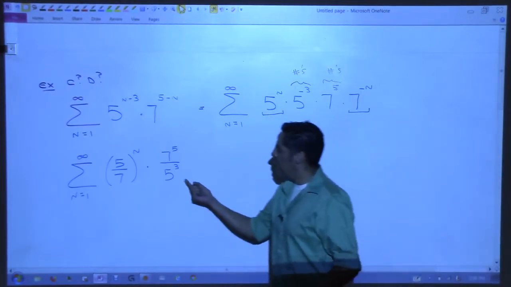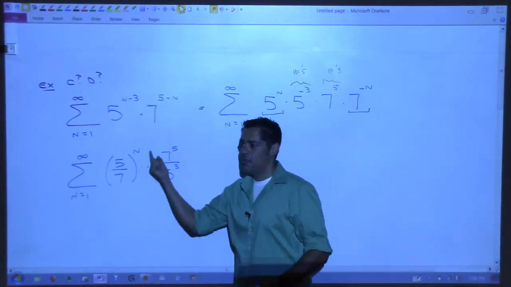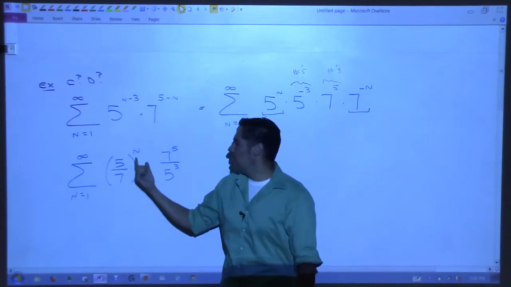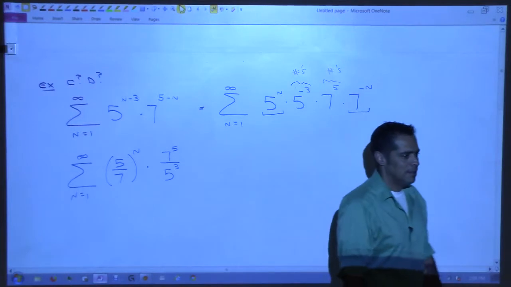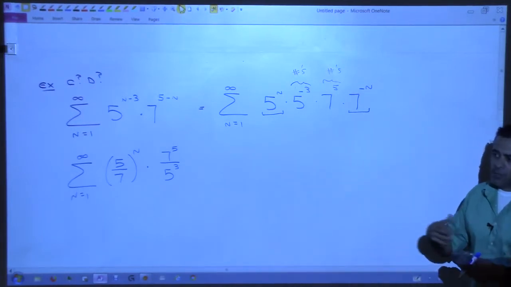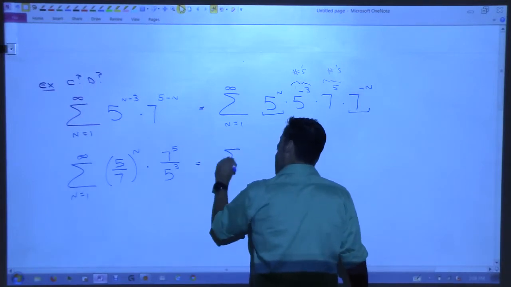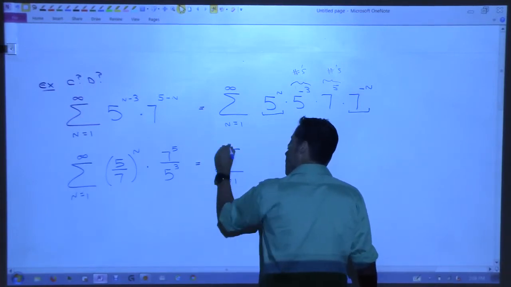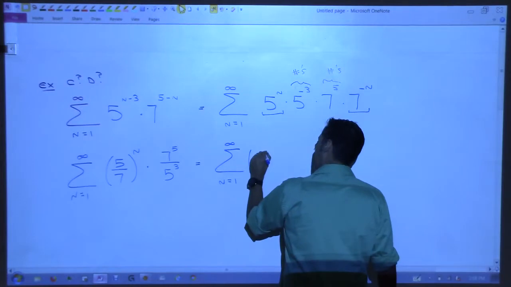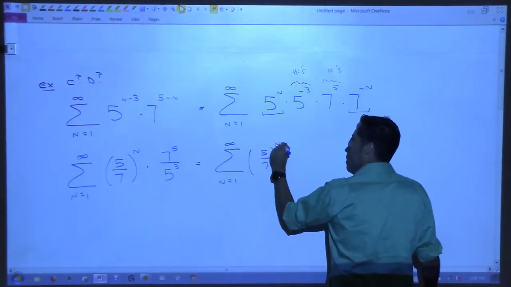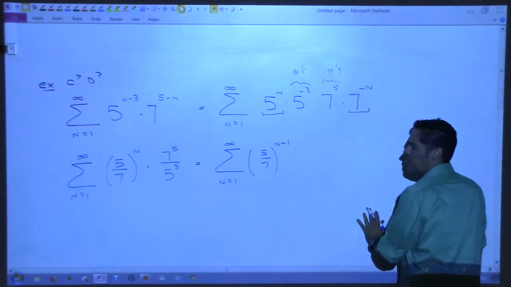So this is looking like this is our a, and this is our r to the n, but it's not n minus 1. So again, we have to play that little game, minus 1 plus 1. Sum n equals 1 to infinity, 5 over 7 to the n minus 1, and then what's going to appear next to that?